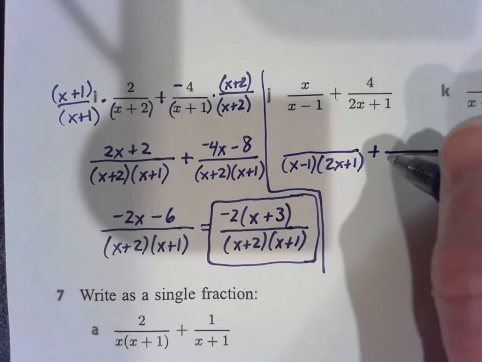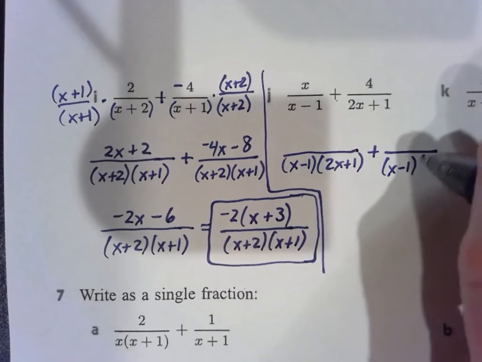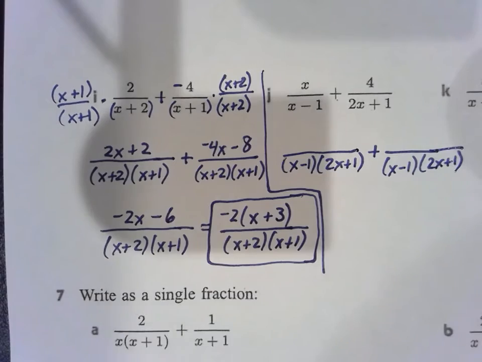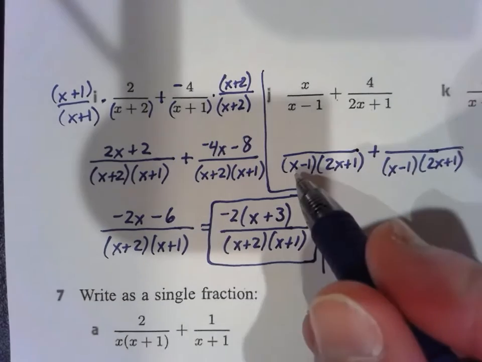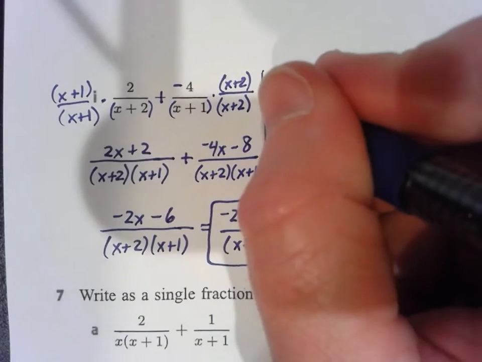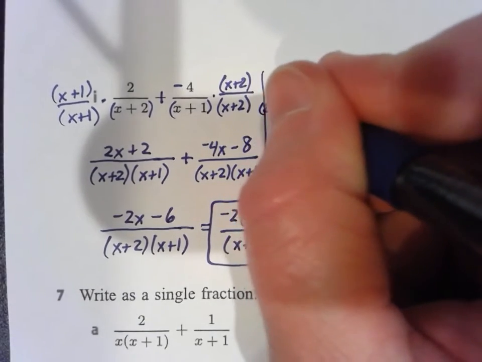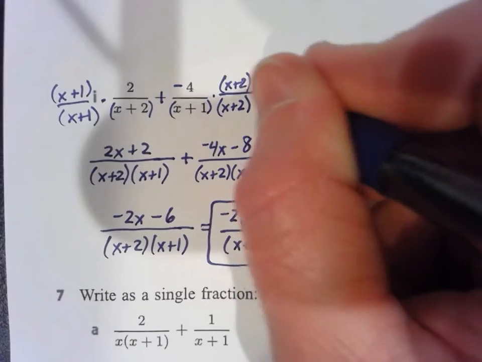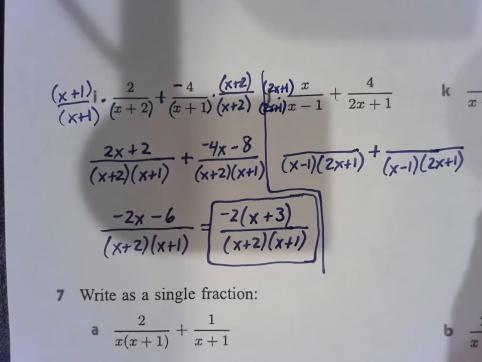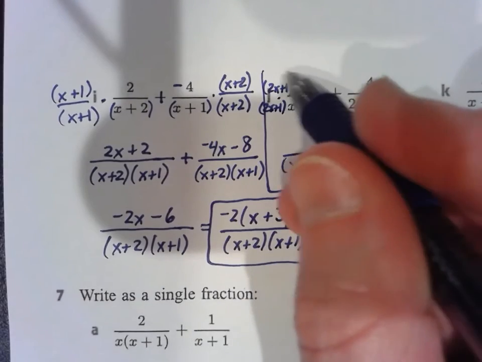So both the first fraction and the second fraction. So to get that on the first fraction, I need a 2x plus 1. 2x plus 1, 2x plus 1 on top. So I have to distribute the x.